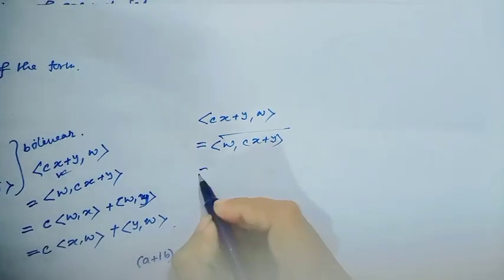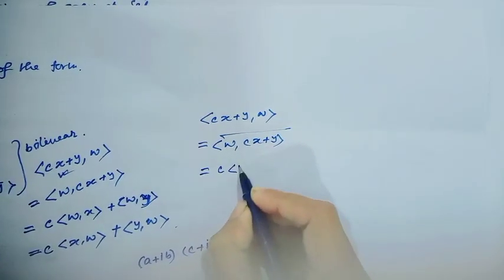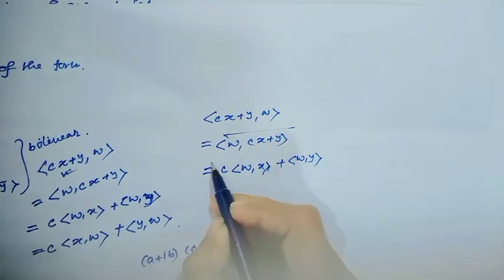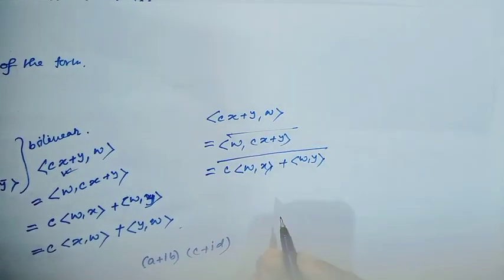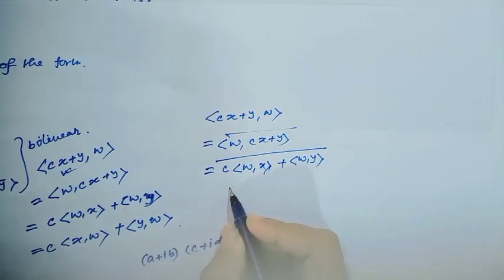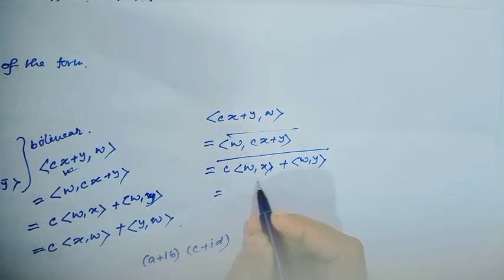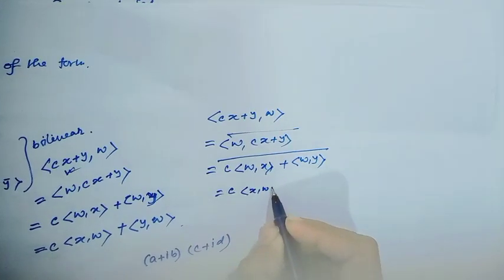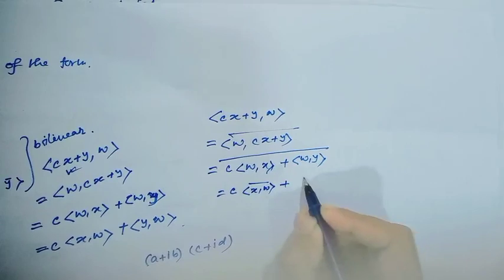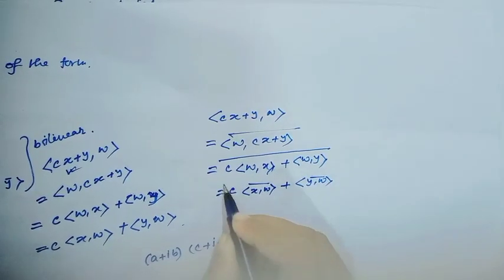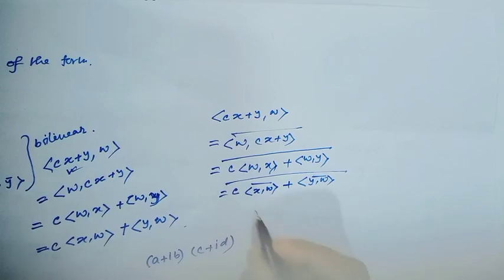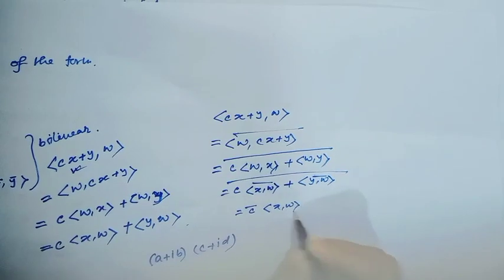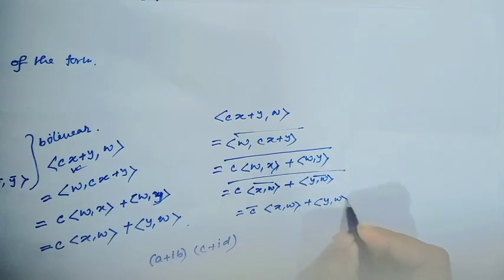Then this is equal to the conjugate of c times ⟨w,x⟩ plus ⟨w,y⟩, which we can write as c bar times ⟨x,w⟩ plus ⟨y,w⟩, and still this is complex conjugate. Then this would be c bar with inner product ⟨x,w⟩ plus inner product ⟨y,w⟩.